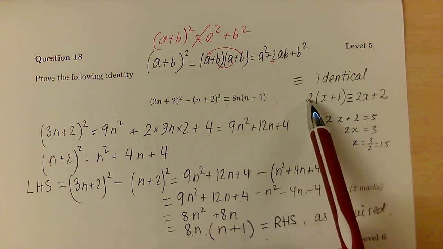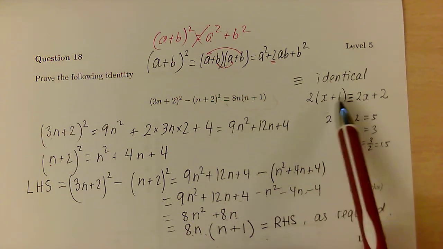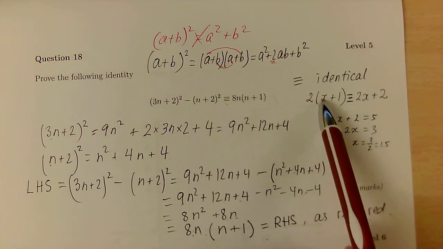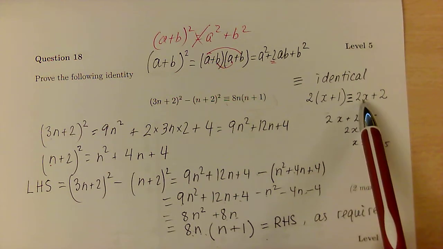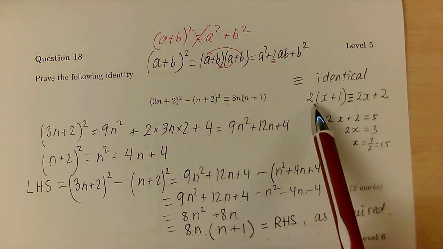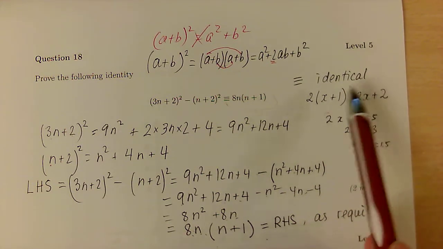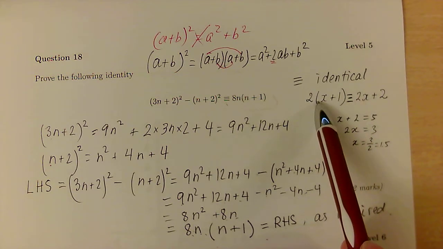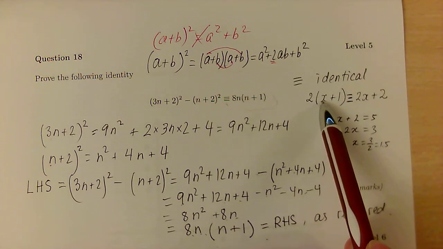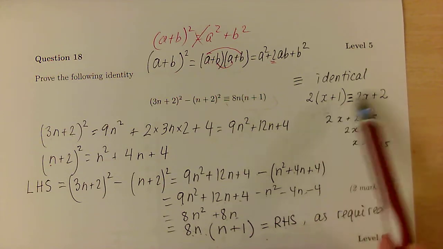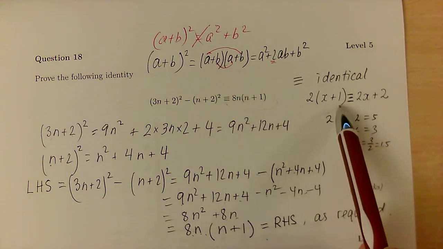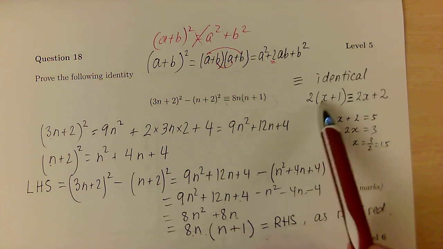For example, 2 times (x plus 1) is equal to, if you open the brackets, 2x plus 2, right? You can check that these two sides will be working for any values of x. You can plug in any value of x you want on the left side, on the right side, it always will be working because they are literally identical things.